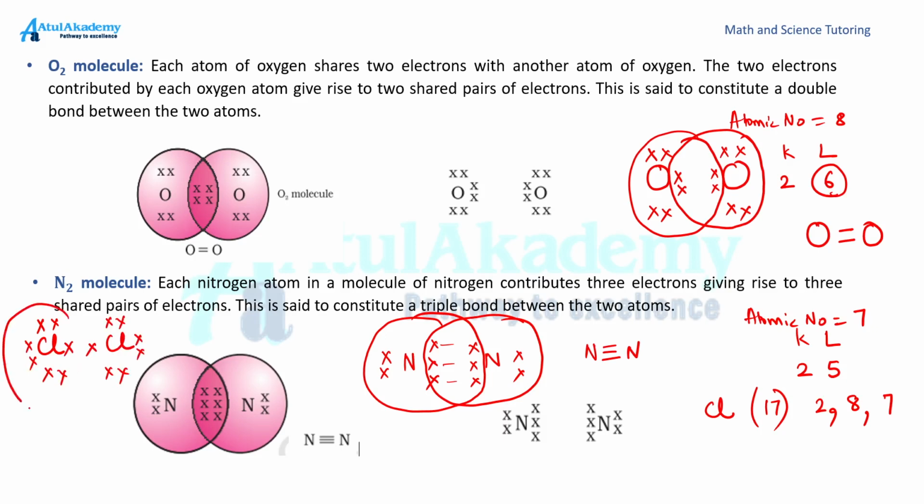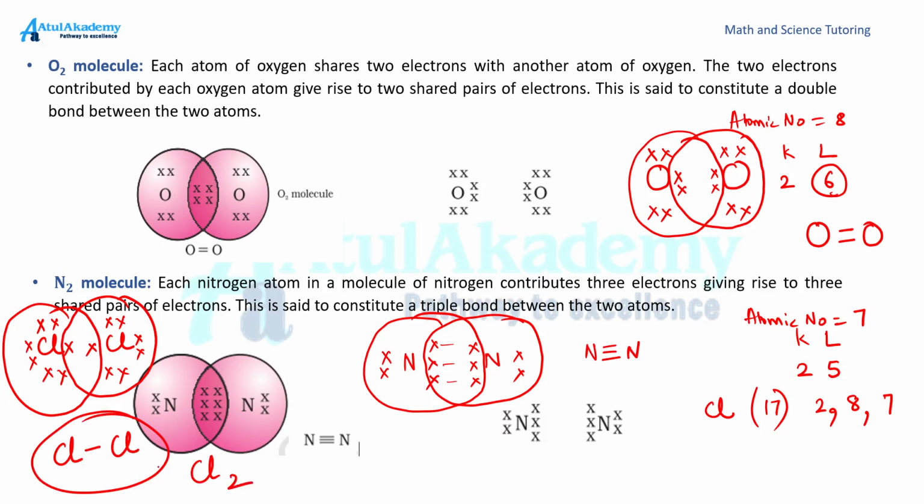If I take like this, this chlorine has 8 electrons now, and if I take like this, the other chlorine also has 8. So you see over here we have a single pair being shared. So the Cl2 molecule has a single bond, and it is also a covalent bond.